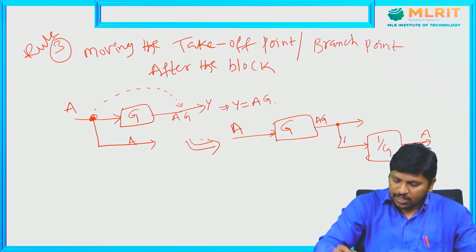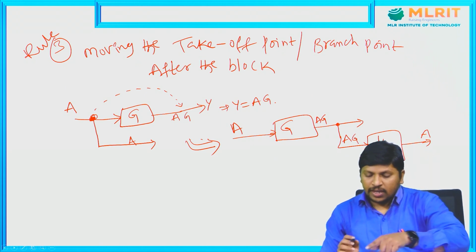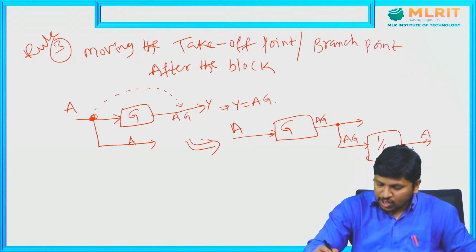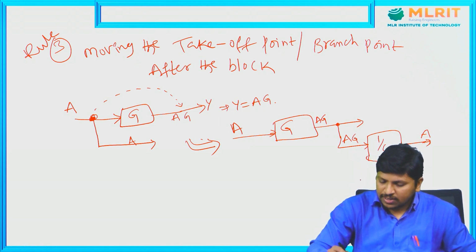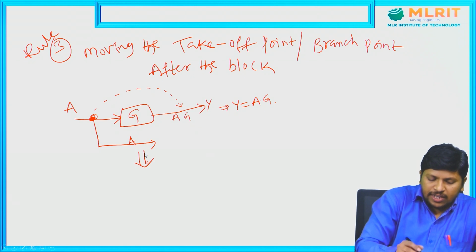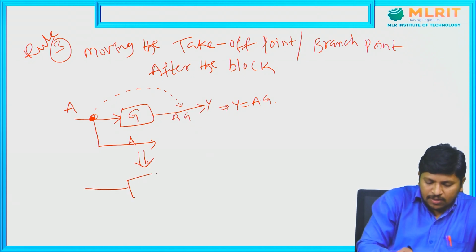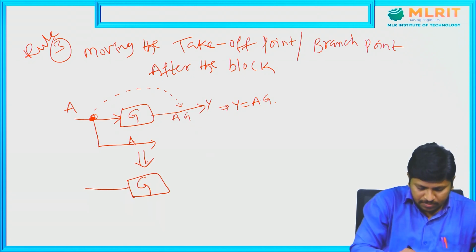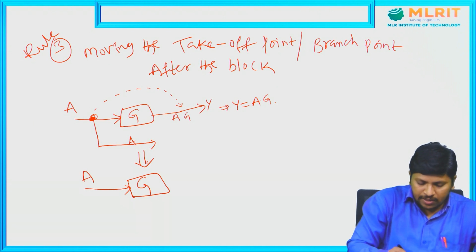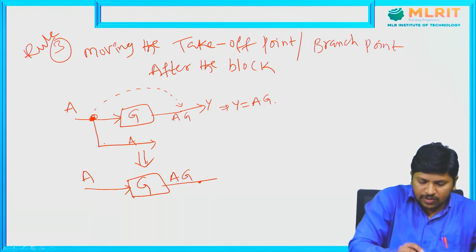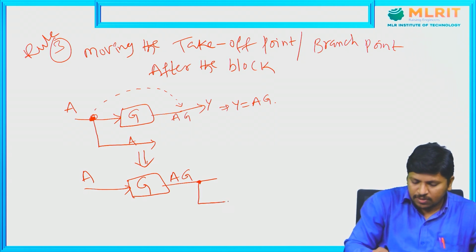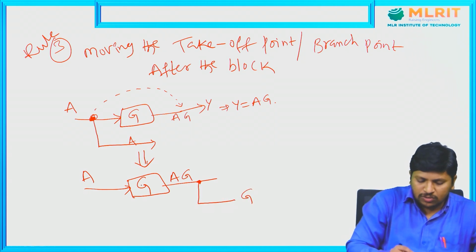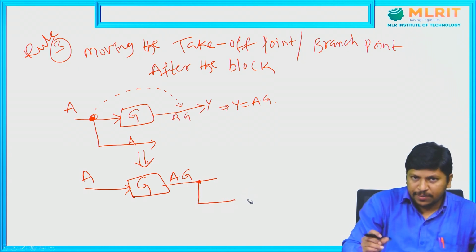This one is AG into 1 by G. Finally we got AG. After moving the take off point, block G, input signal A, the output is AG, the same signal. This one is moving to here, and in block value G is there, so 1 divided by the block value G.